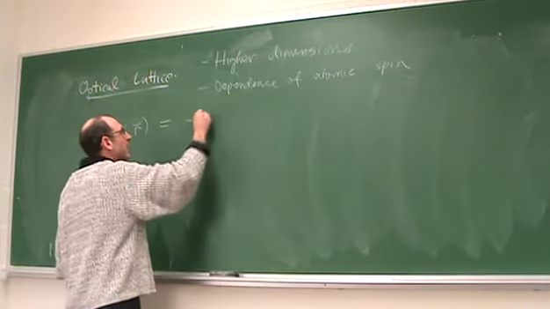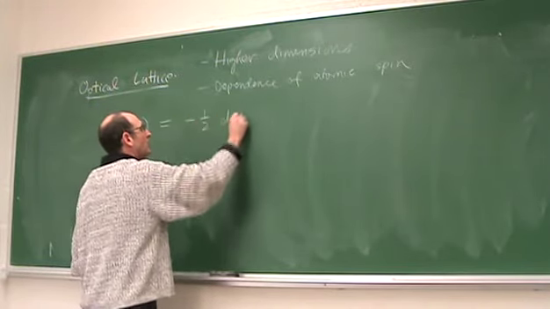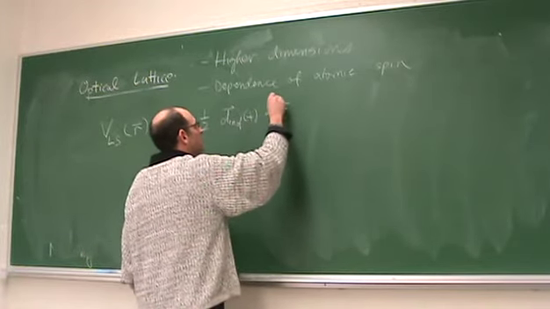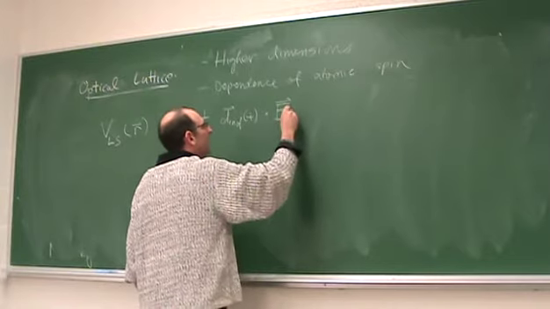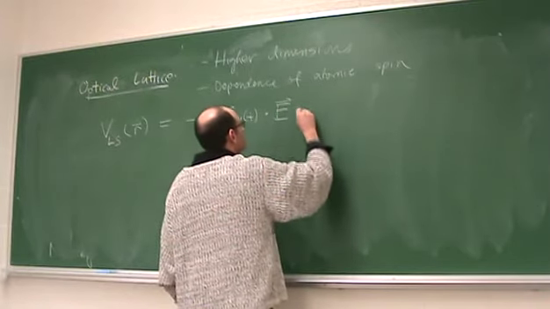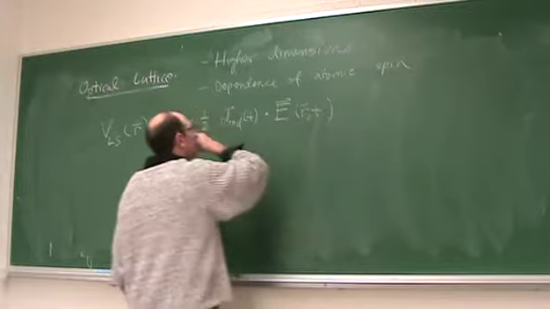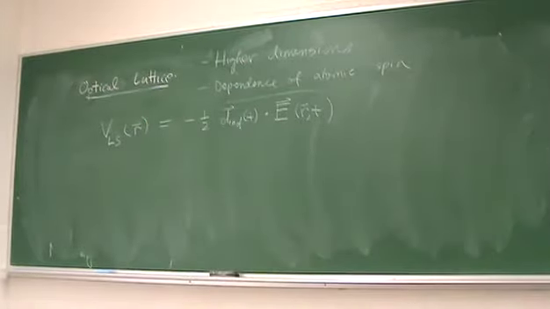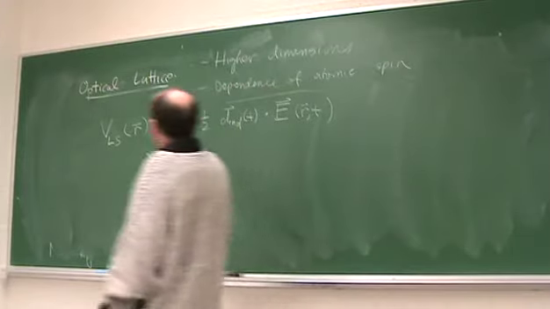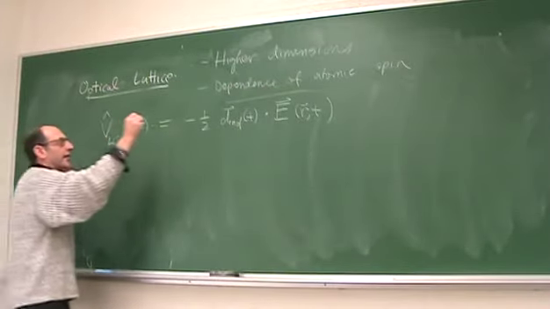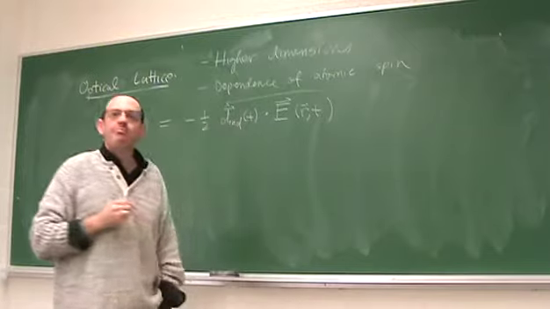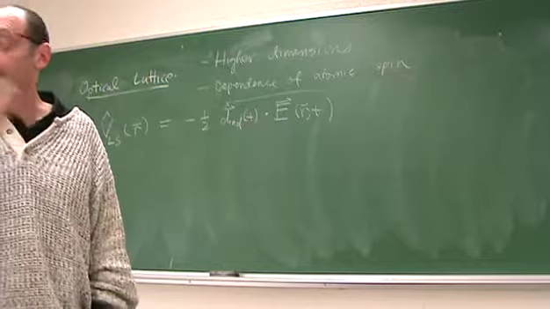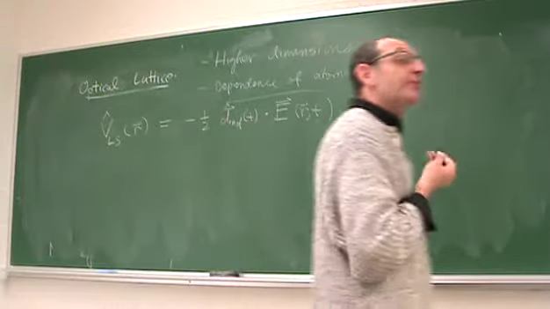So we have -1/2 the induced dipole moment, a function of time, dotted into the electric field at the position of the atom, and then we time average. That's the light shift potential that we've discussed. In fact, this light shift is a light shift operator, generally, because the dipole depends on the internal state of the atom.